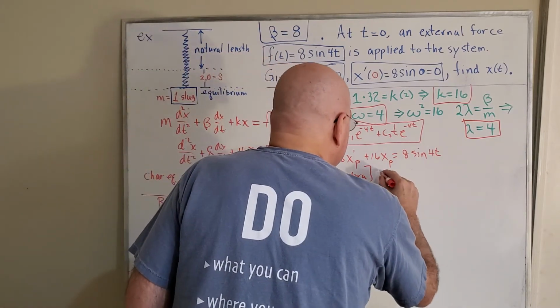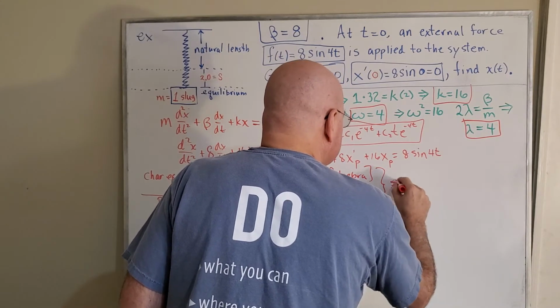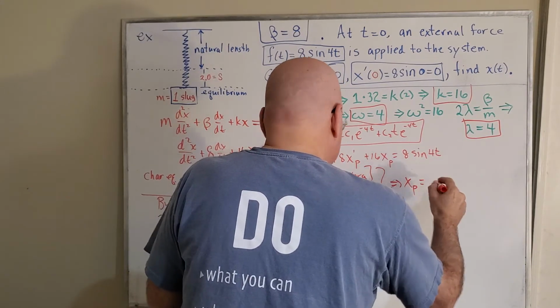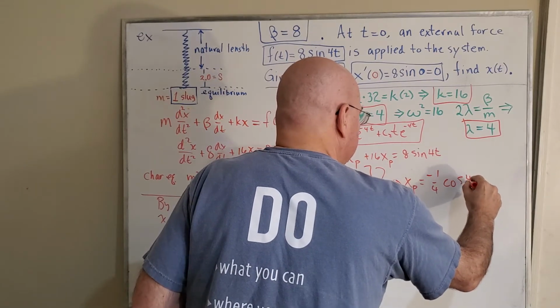So our x particular solution turns out to just be negative 1/4 cosine of 4t.